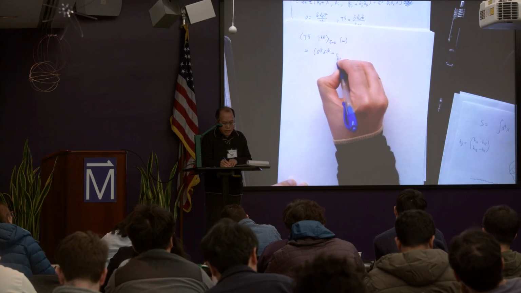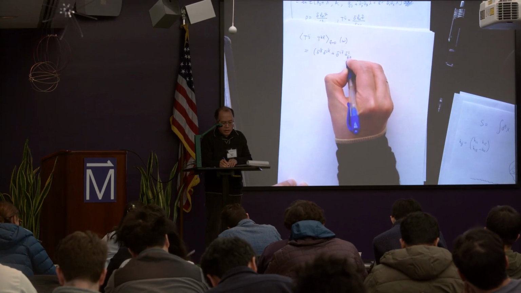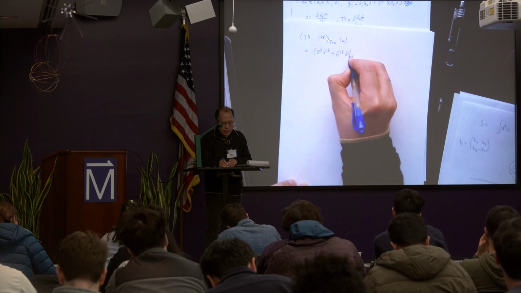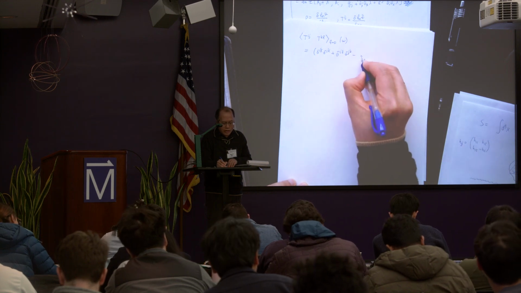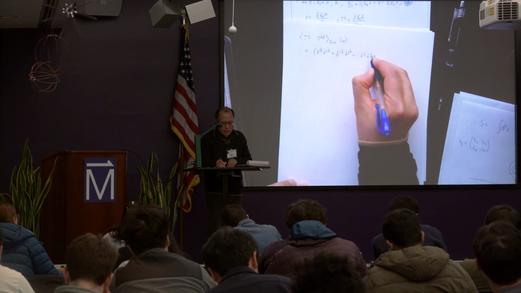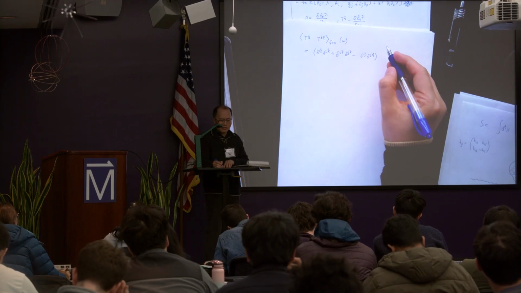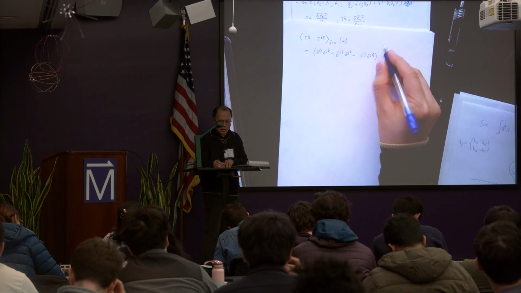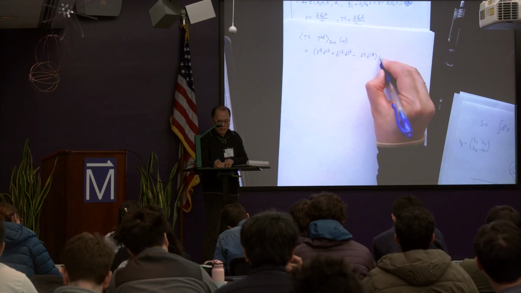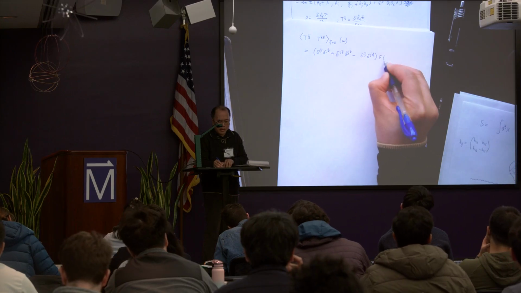One is delta_ik delta_jl plus delta_il delta_jk, with a coefficient. Let's call that f of omega.